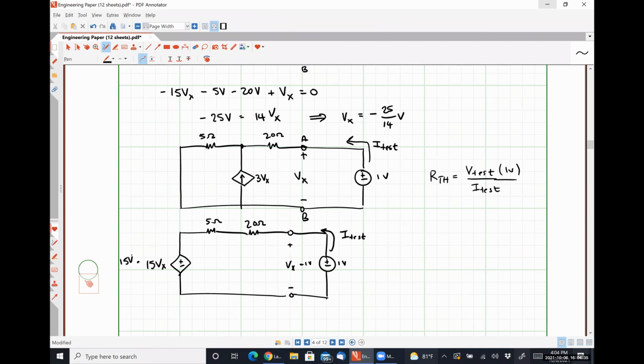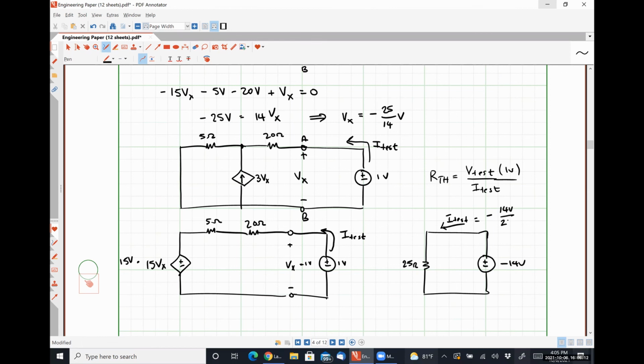I would argue that since we're following the current counterclockwise, I have 1 volt minus 15 volts. So it's going to look like negative 14 volts. Combining the resistances gives me 25 ohms, and I'm looking for this current.